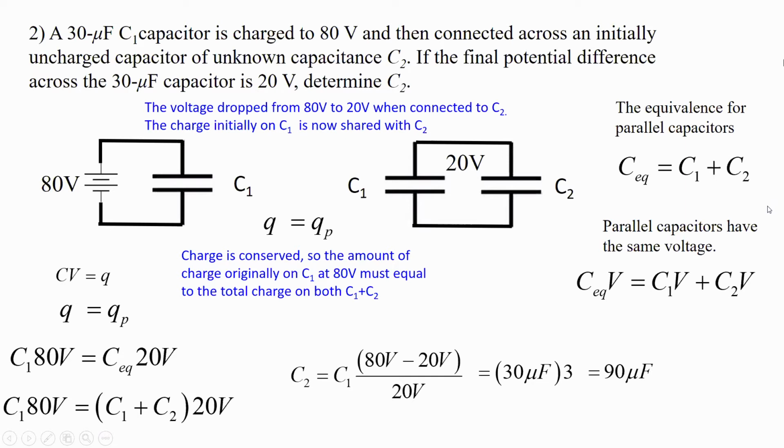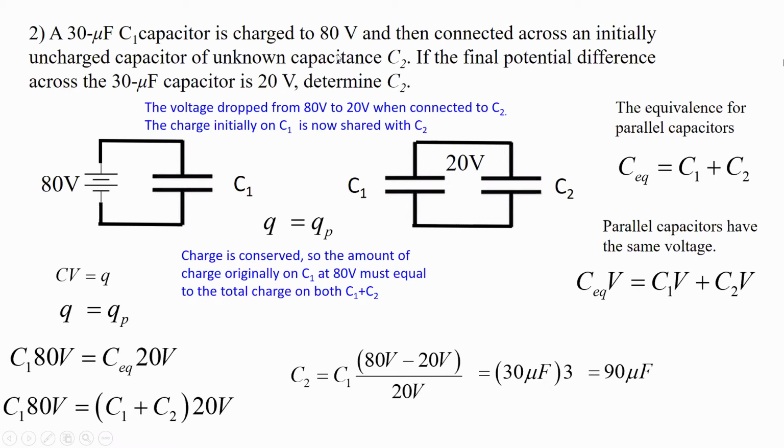Another way to look at this, you can determine how much charge was lost on C1. You can calculate the amount of charge on C1 when it's fully charged to 80 volts. Remember CV, so it's 30 microfarads times 80. So that's 240 microcoulombs, right? Well, no, it's actually 2.4 millicoulombs.